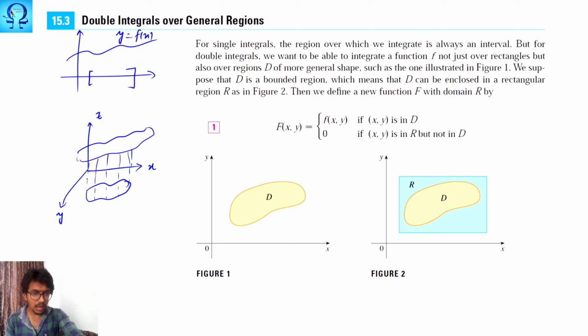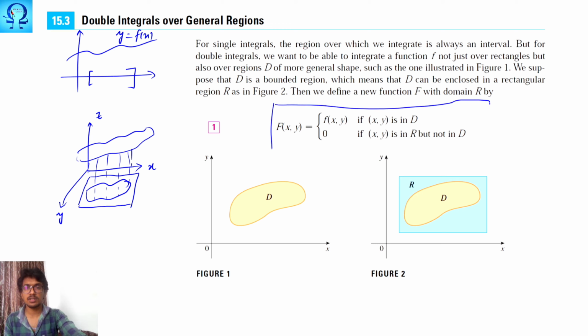Now we have identified a rectangle containing this region, and we are going to integrate over this rectangle. How are we going to do it? This function F behaves like f itself whenever you take points inside this region D, and is 0 outside this region D. That is how we define this function.